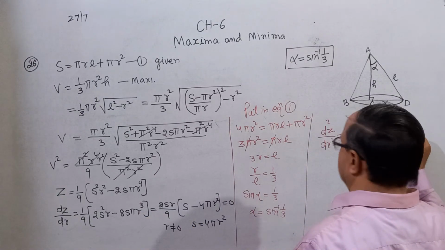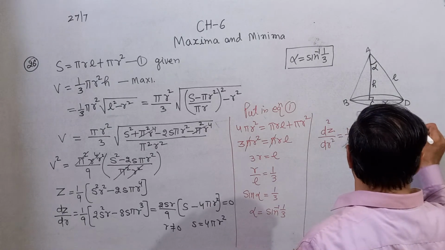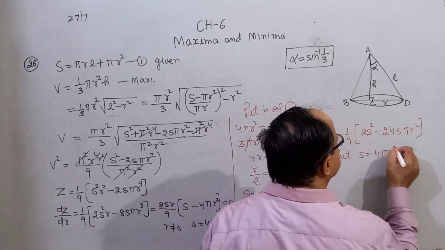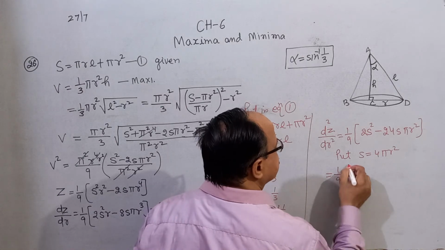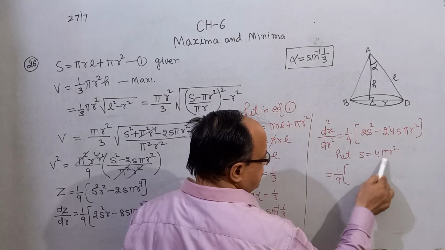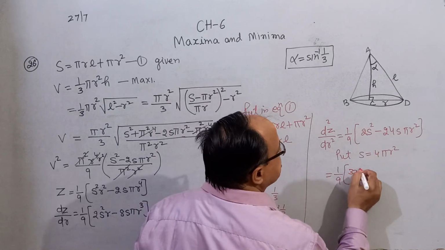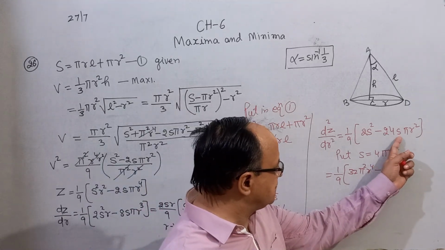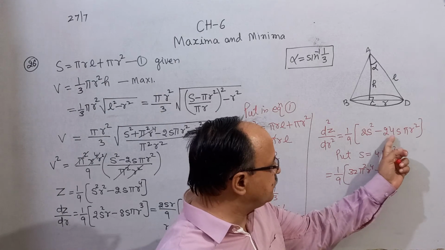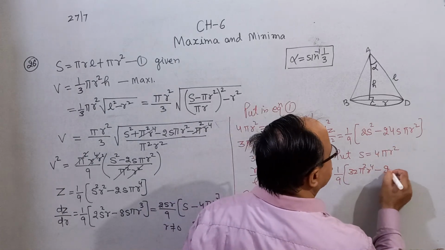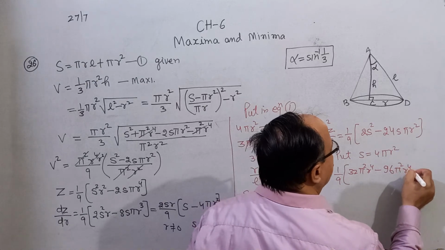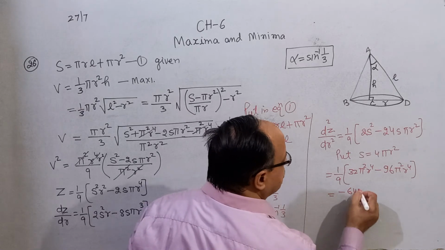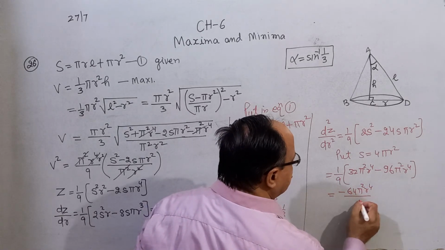Now put S equal to 4 pi R square: 1 by 9 times (32 pi square R to the power 4 minus 96 pi square R to the power 4), which is minus 64 pi square R to the power 4 by 9.